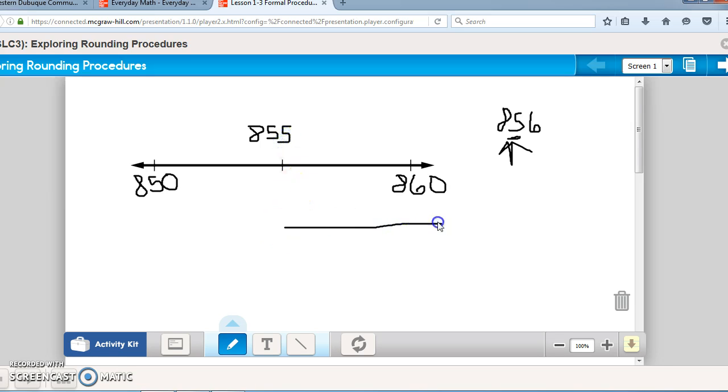5 on up, we round up. So now we know how the website got about 860, because 856 would come after 855, which would make it even closer to 860.